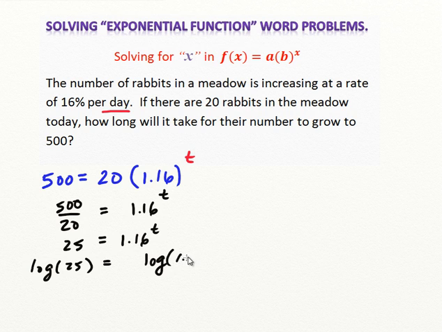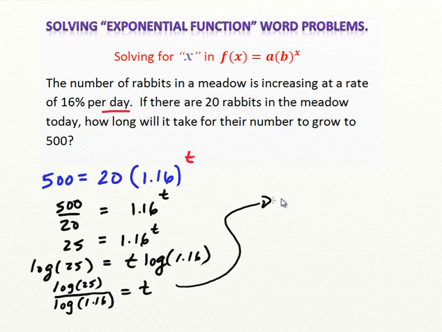When I take the log of a value that has an exponent, we take the exponent and move it down in front of the logarithm expression. Now the t is no longer in the exponent. It is down on the main line with the other values. So let's just isolate t. We will take log 25 and divide that by the log of 1.16, and that is going to give me a value for t.